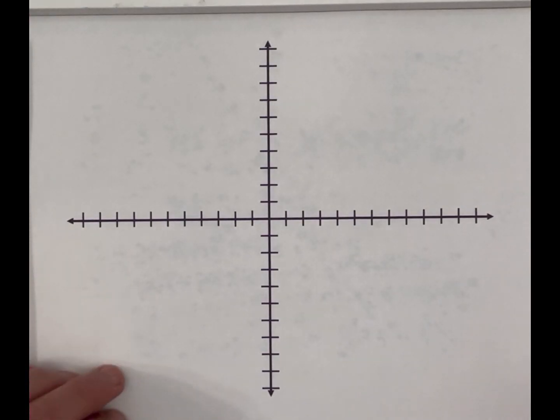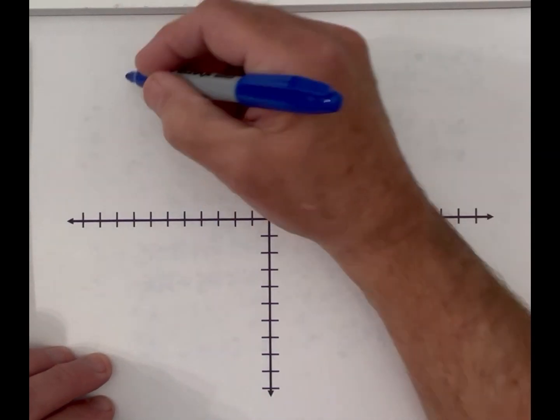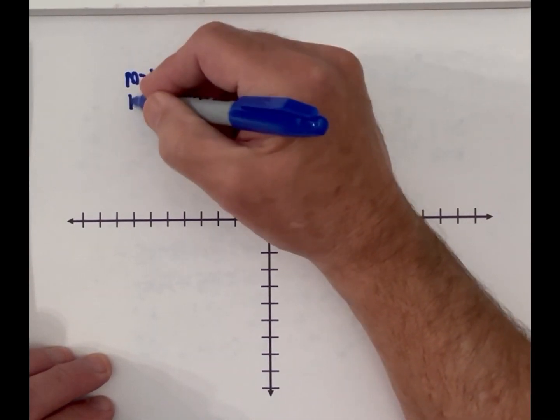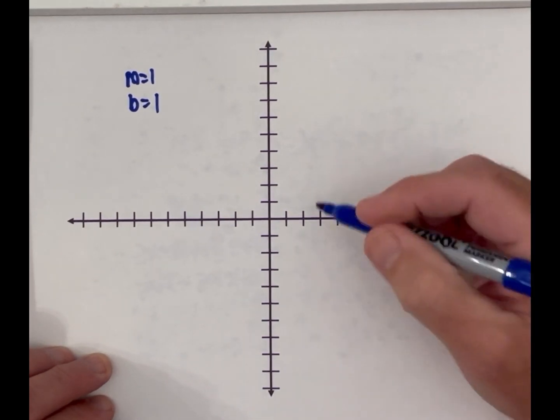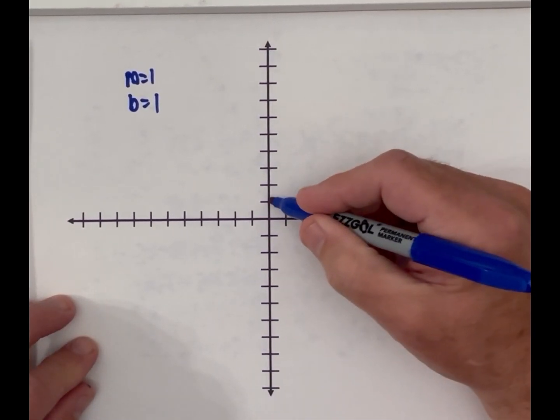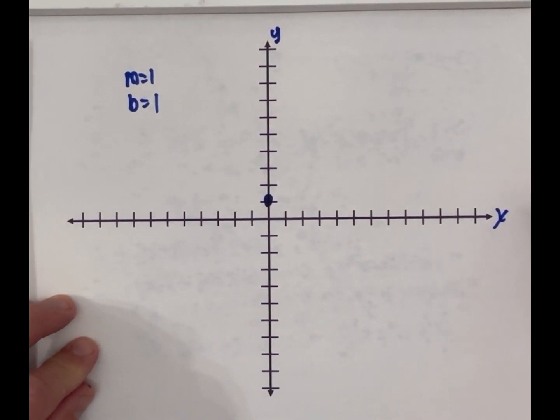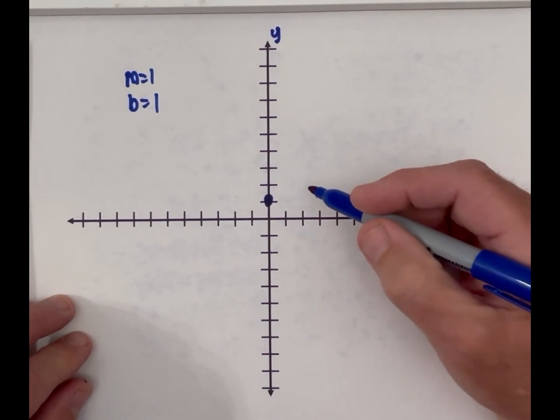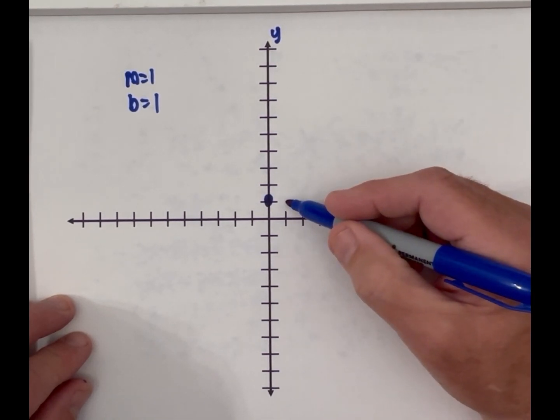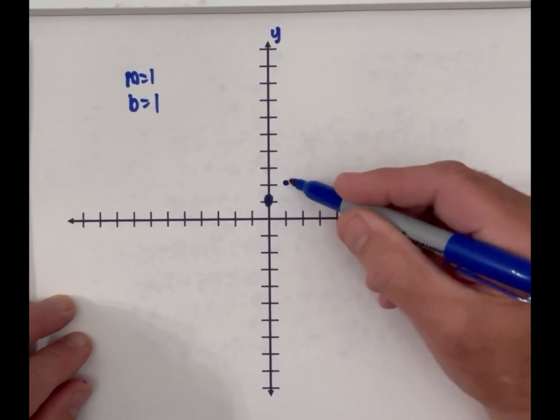So finally what we want to do is plot this line using the slope-intercept form. So our slope is equal to 1. Our intercept is equal to 1. So the y-intercept is this point right here. There's the y-axis and there's our x-axis. Now we know our slope is 1 over 1, so we can start here, go 1 over, 1 up, so it's right there.